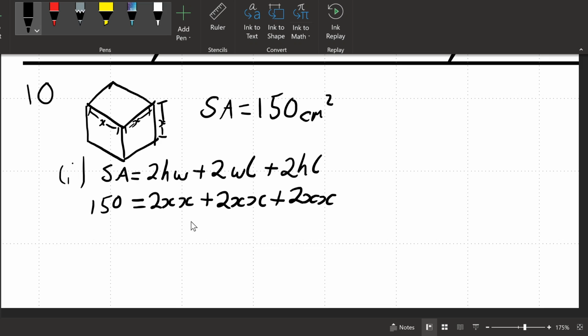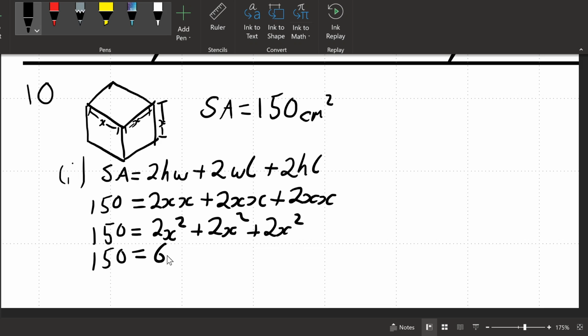What do we call x multiplied by x? We call it x squared. So now it's 2x squared plus 2x squared plus 2x squared. So 150 equals 6x squared. Now we divide both sides of the equation by 6, as we already know.